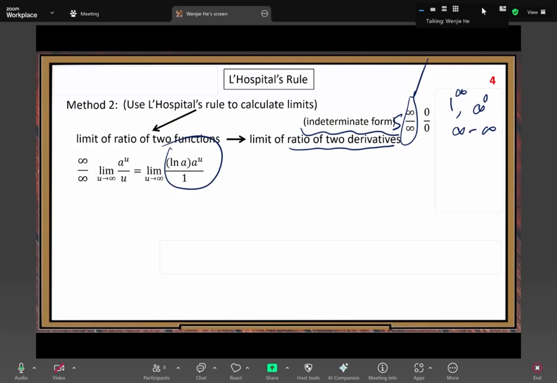When u goes to infinity, the original exponential function also goes to infinity, so the whole ratio goes to infinity. So in this way, when we apply L'Hopital's rule, we can rigorously calculate the limit of two growth functions. But make sure a must be greater than 1.